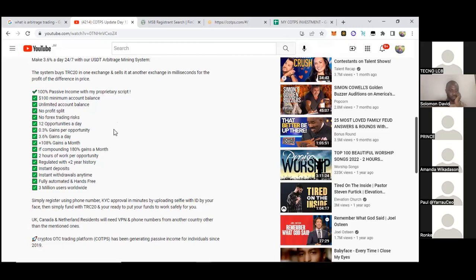So I'll explain this as I go further, right? So it adds up to 3.6% gains per day if you use all of your 12 opportunities per day to trade, right? Now this generates up to 108% gains per month. If you compound, that is increased to up to 108%, right?